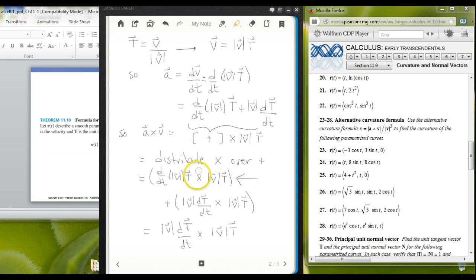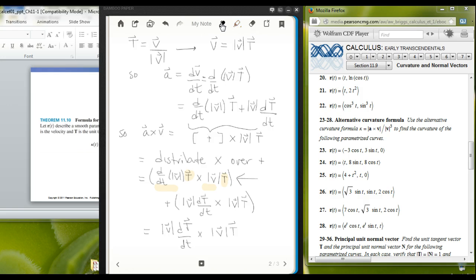We're going to get a big fat 0, because you're crossing a vector with itself. The reason is that the cross product is defined using a sine of the angle that separates T and itself. The rest of this is just scalars. This part right here is a scalar, and this part right here is a scalar.